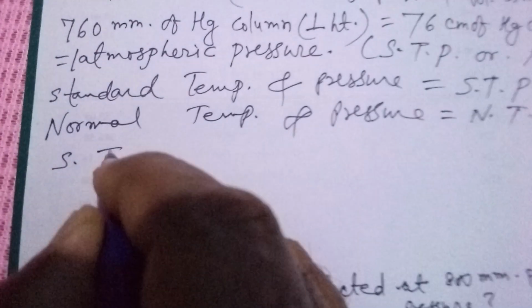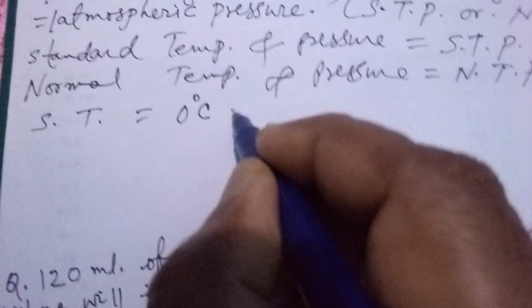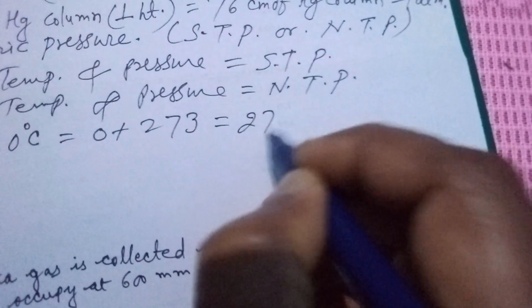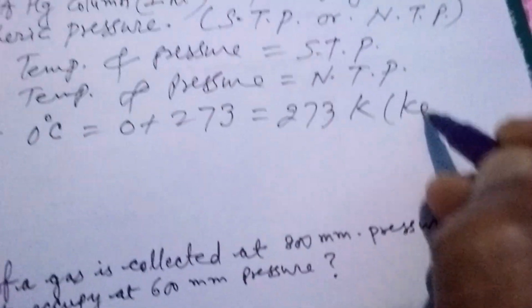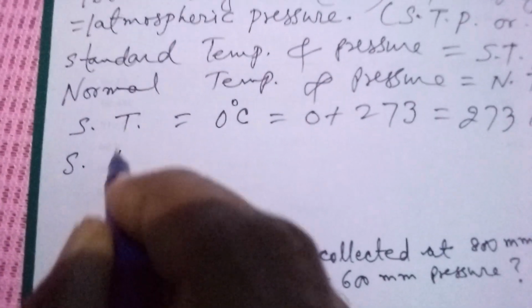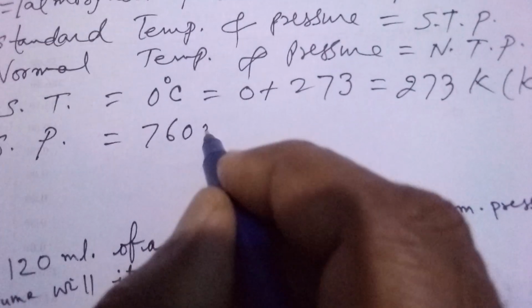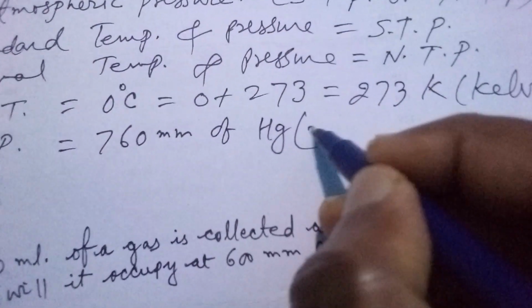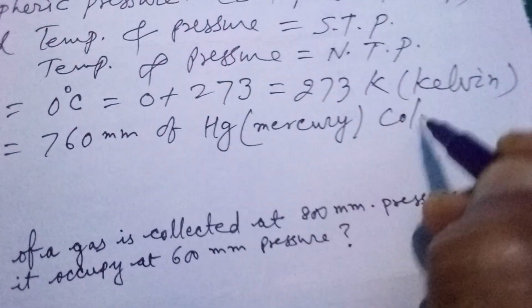Now, what is a standard temperature? A standard temperature is 0 degrees Celsius, and that is equal to 0 plus 273, and it becomes 273 Kelvin. K stands for Kelvin. In the same way, standard pressure is 760 mm of Hg column. What does Hg stand for? Mercury. Mercury column.